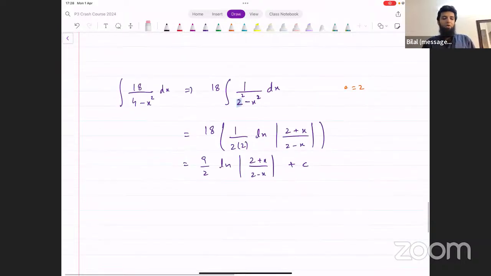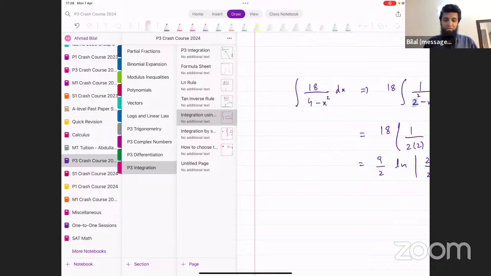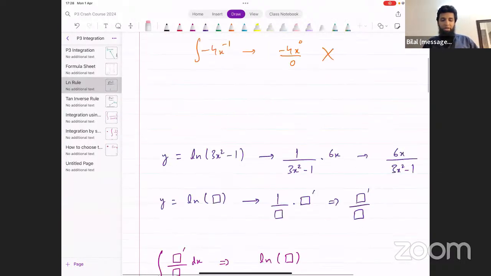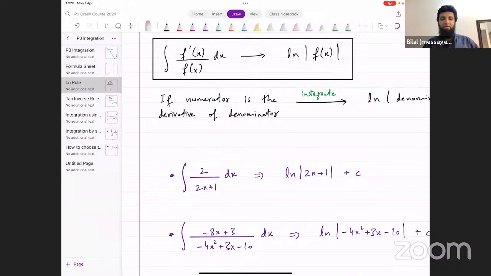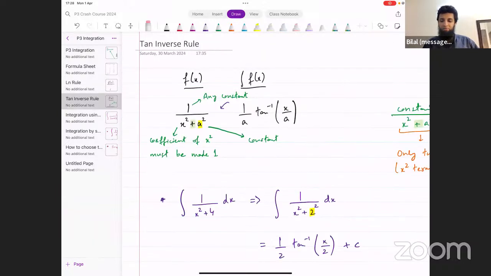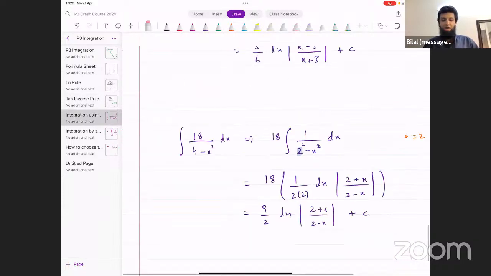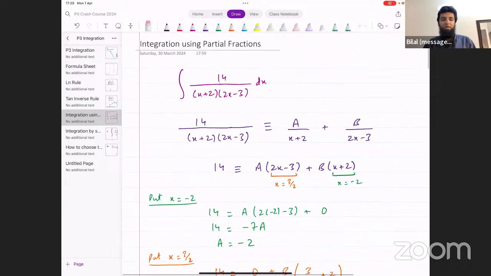All right, so how many forms have we talked about now? 6 forms for fractions. ln form, numerator being the derivative of the denominator. Tan inverse form, constant over x squared plus a constant. Partial fractions, when the denominator has factors like this, you can break them down using partial fractions and integrate those fractions separately.